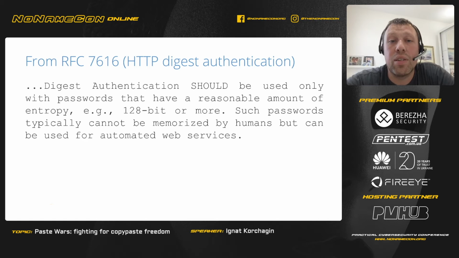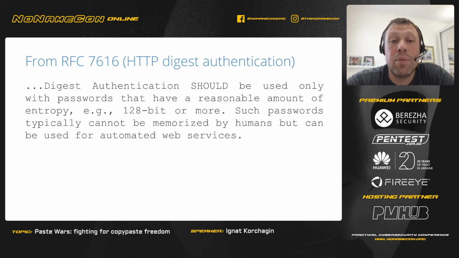So for example, this is an extract from RFC 7616, RFC being an internet standard, which describes HTTP digest authentication, which is basically password authentication on the web. And what it says is digest authentication should be used only with passwords that have a reasonable amount of entropy, for example 128 bits or more.